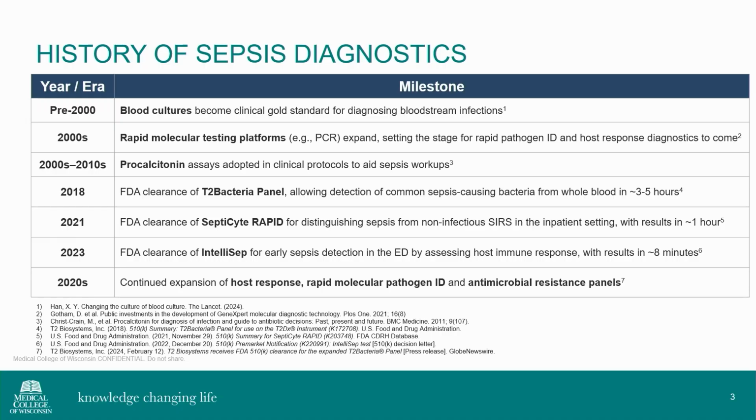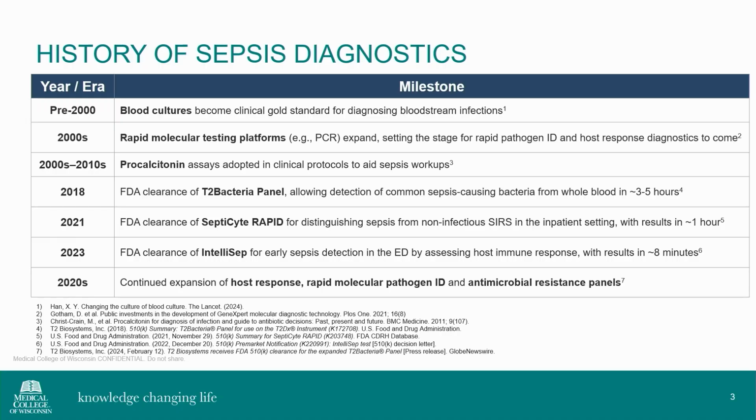But if we take a moment and take a historical look at where we have been with sepsis diagnostics, before the year 2000, or for many of you, before time began, we focused on blood cultures. We focused on how do we make blood cultures better? How do we improve them? How do we improve the sensitivity of blood cultures?